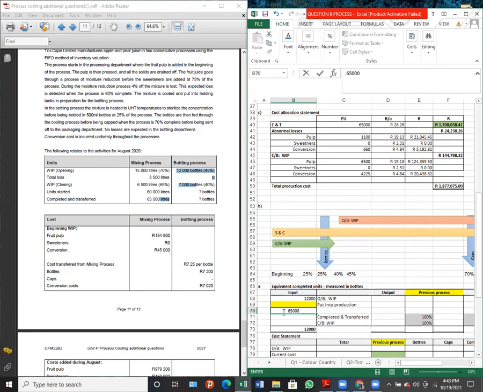For now, we have completed and transferred 65,000 liters. How many bottles of 500 milliliter is that equal to, guys?